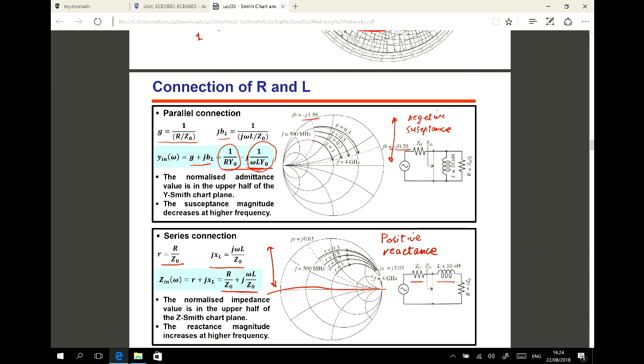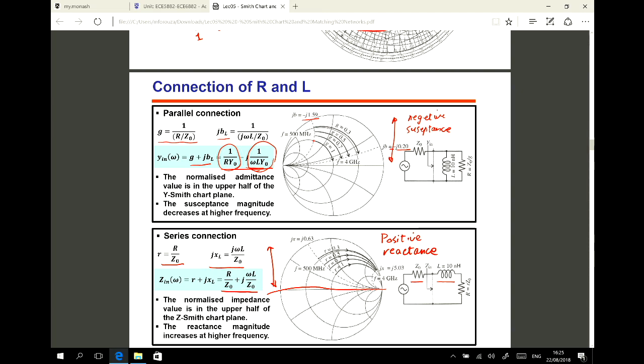And this is reactance. And then we have Y equals G plus jB. We call this the admittance. We call this conductance, and we call this susceptance.